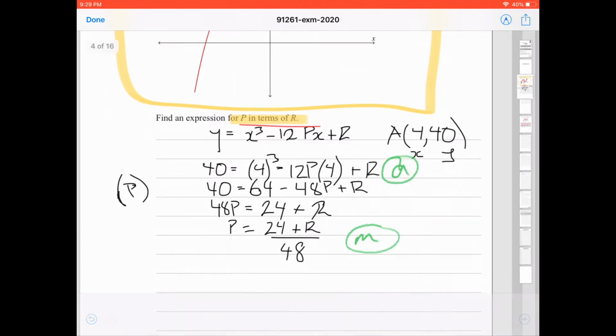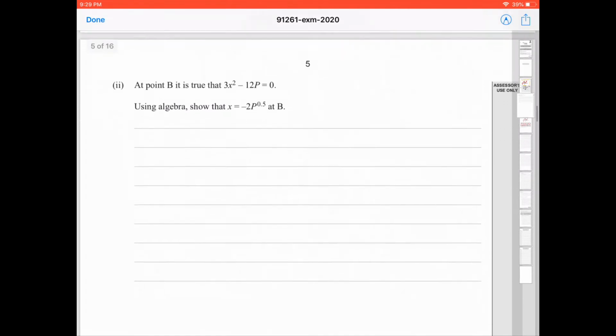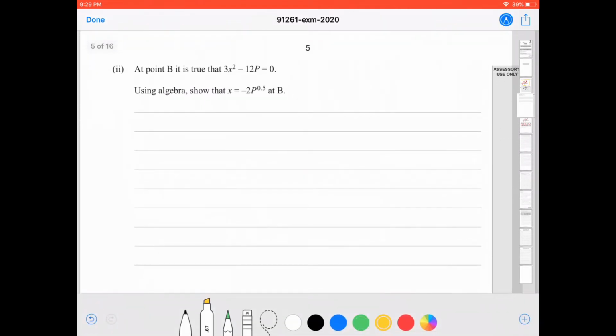Okay, moving on now to question C2. At point B, it is true that 3x squared minus 12p equals 0. Using algebra, show that x equals minus 2p to the power of 0.5 at B. Okay, so we've got 3x squared minus 12p, and we actually don't need to look anywhere else to work towards finding this answer here.